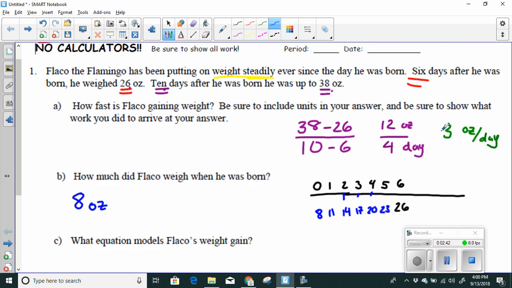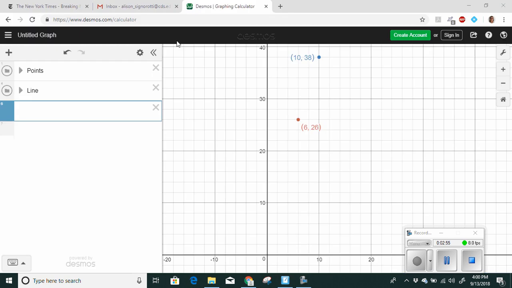Another way to arrive at the answer is this. If we know that his weight is steady, then we have a straight line growth. Incidentally, I have a little Desmos thing going on here. Sure enough, at 6 days, he weighed 26 ounces. So at 6, we're at 26. And at 10 days, we're at 38 ounces.